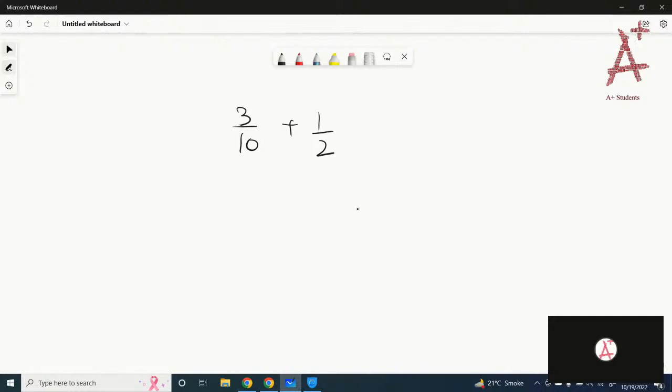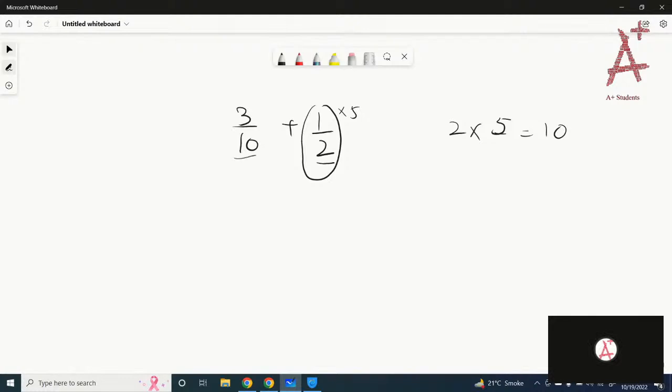So the smaller denominator is 2 and the greater one is 10. So you need to think of a number that when multiplied with 2 makes its denominator equal to 10. So 2 times what number is 10? 2 times 5 is 10. So just multiply this fraction by 5 to make its denominator equal to 10.